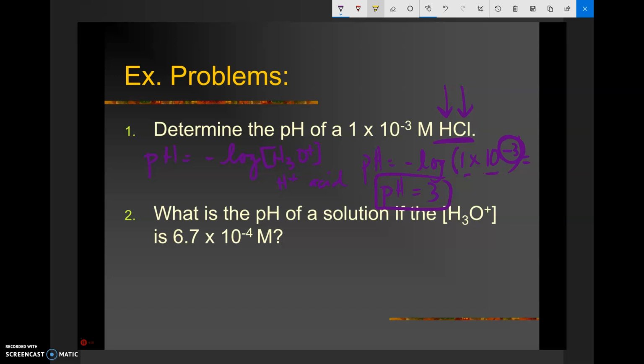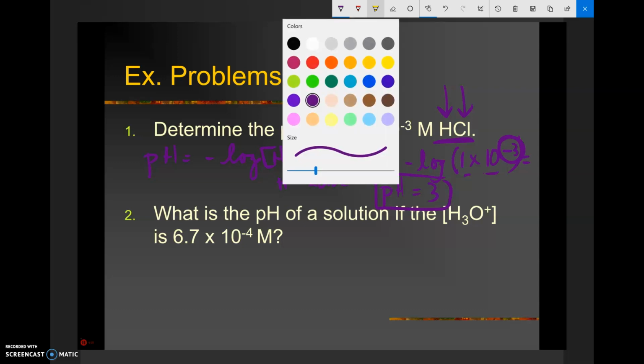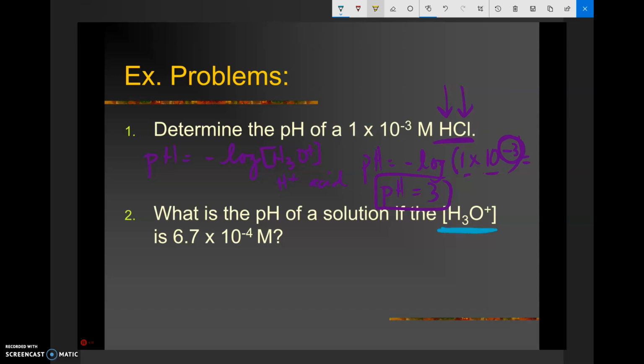Okay, let's look at the second one. What is the pH of a solution if the hydronium ion concentration is 6.7 times 10 to the negative fourth? Okay, so let's look at what we have. It's giving us the hydronium ion concentration. Well, we know that matches what we need for our pH, so we can go ahead and just plug this in.